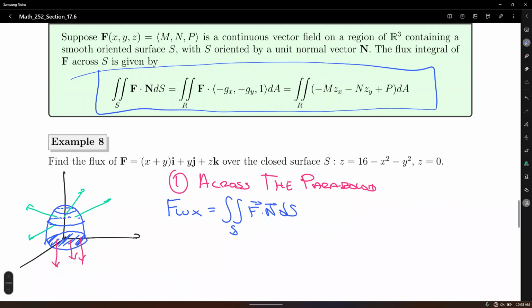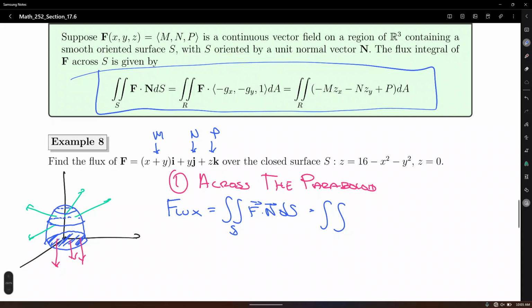Actually, those got canceled, remember? So we will evaluate this dot product here. This is M, this is N, and this is P. Just be careful, because the partial of z with respect to x and the partial of z with respect to y don't have anything to do with the z from the driving force. So make sure not to put those together.